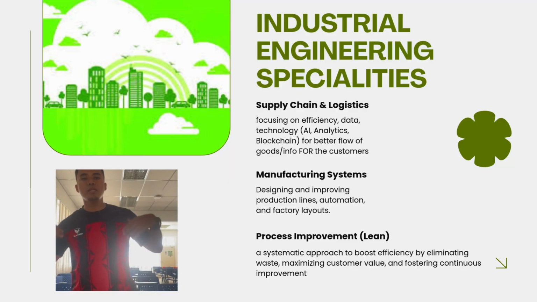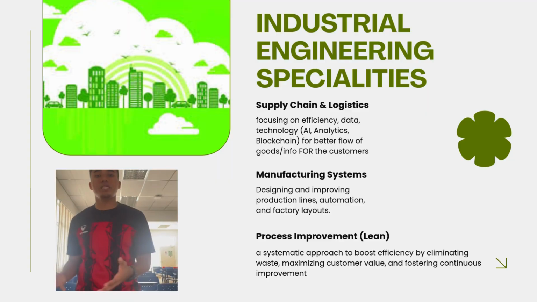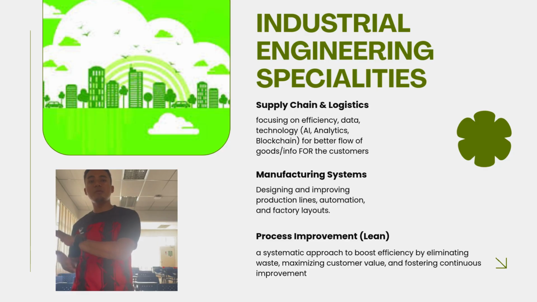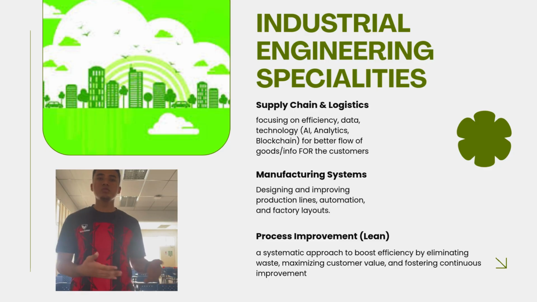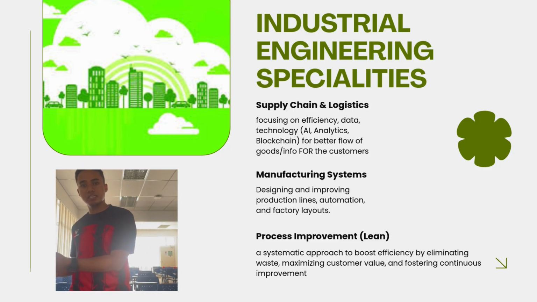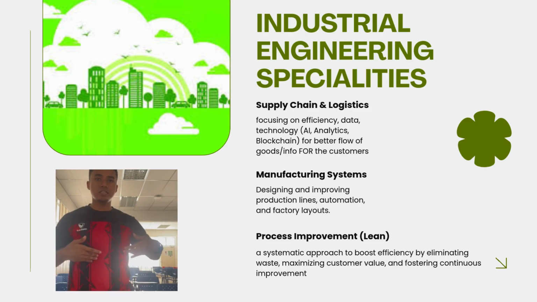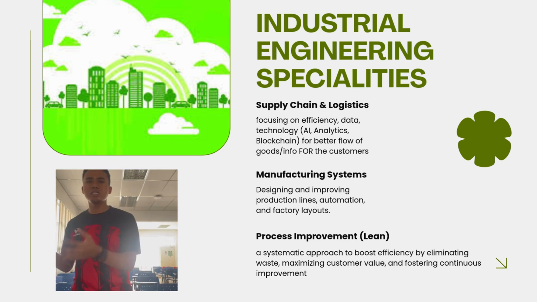Next, we learn about process improvement. So an IE will use a systematic approach of eliminating waste to boost the efficiency. Waste is the thing or factor that is going to affect our production.